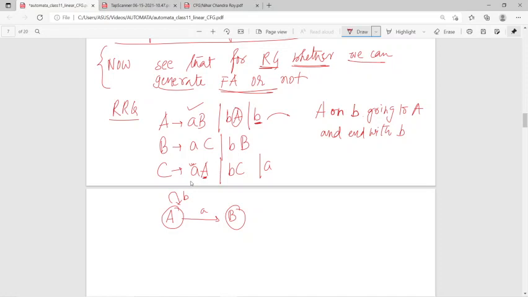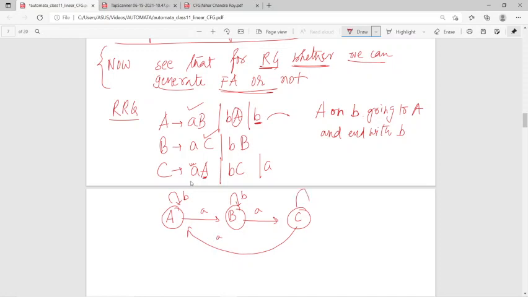On B, if B is given, it will stay in B, and on A it will go to another state, that is C. Now from C, if A is given, it will be back to A, right?